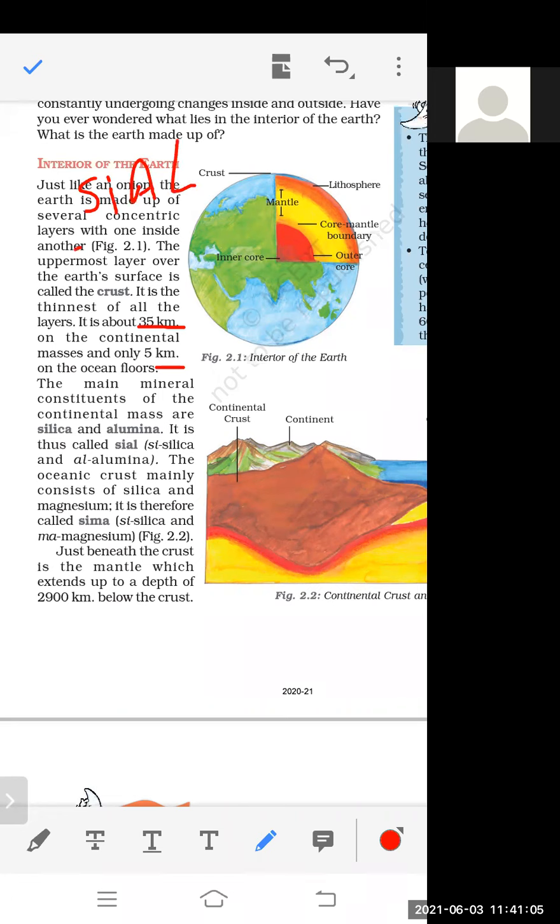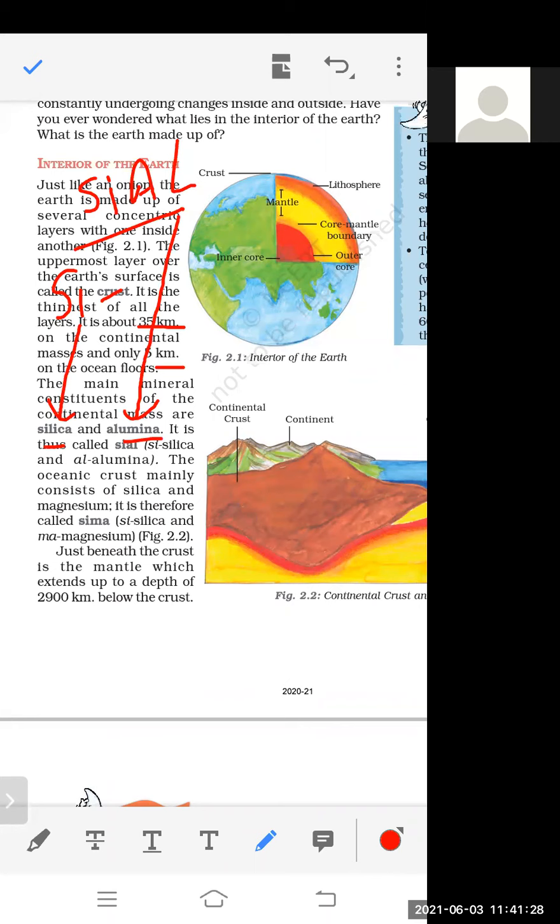Sial. Si means silica and Al means aluminium. So here the material found is silica and aluminium. Remember it. It is also called sial: Si, silica, Al, aluminium.